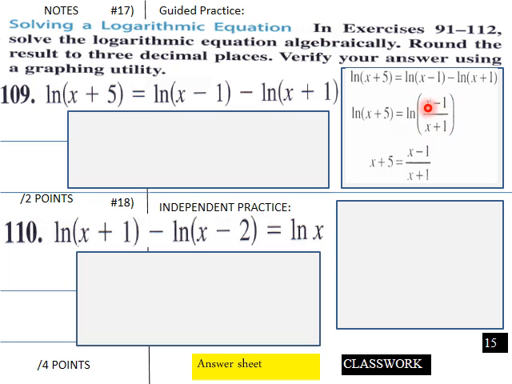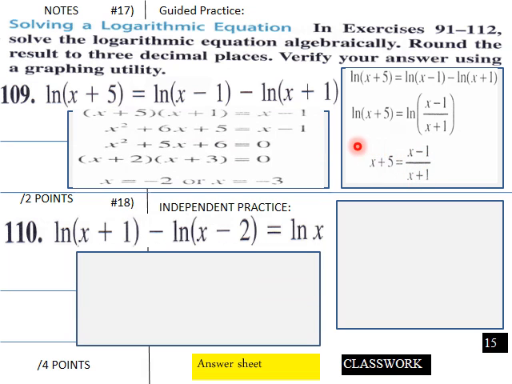And then using your logarithmic properties, you know this produces a quotient here. And then we're going to use the one-to-one property. We're going to take out a natural log on both sides, and then we end up with this: x plus 5 equals x minus 1 over x plus 1.